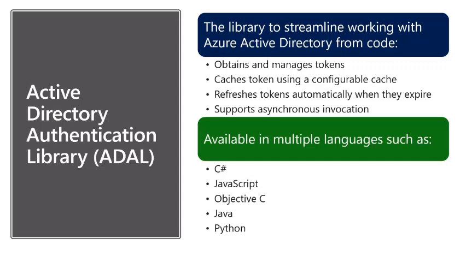Active Directory Authentication Library. After knowing what is Active Directory, Azure Active Directory, you come to the Azure Active Directory Authentication Library. Azure Active Directory has its own authentication library for clients that need to access protected resources: the Active Directory Authentication Library, ADAL.